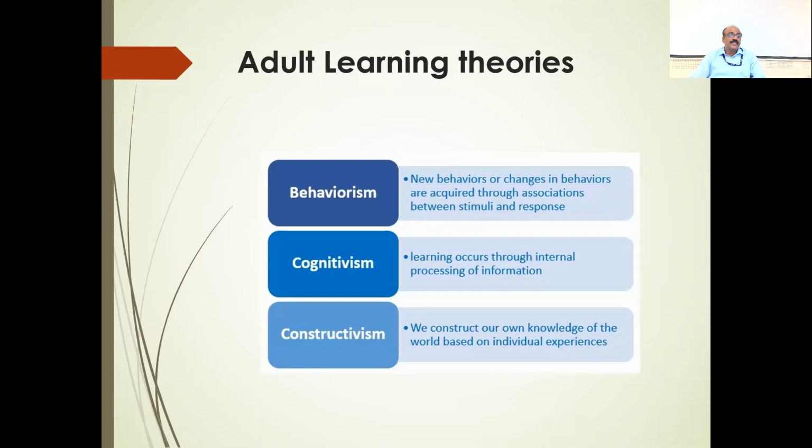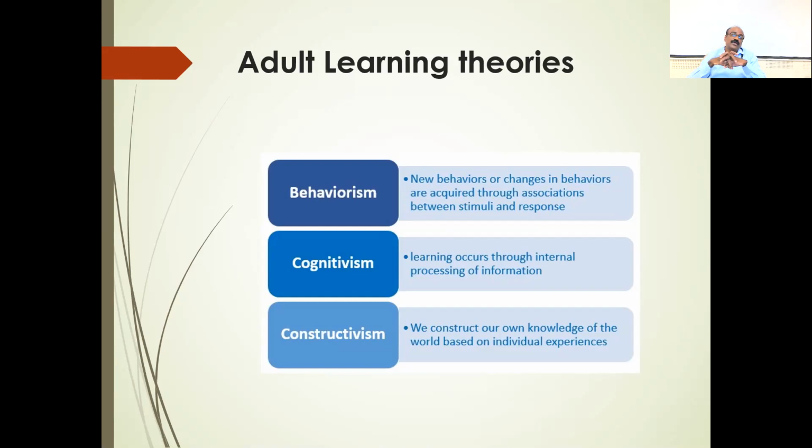Most accessibly, these were clustered by Malcolm Knowles, who has consolidated all these theories, and he has put many of the ingredients of these theories into his adult learning principle, that is the so-called andragogy.